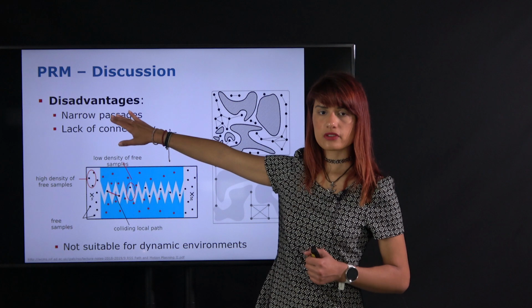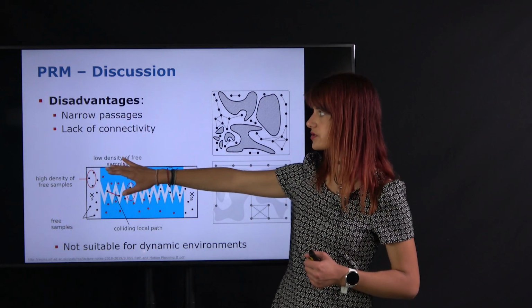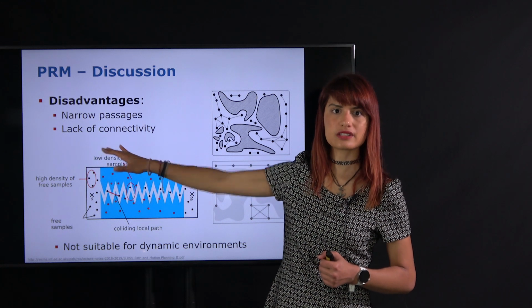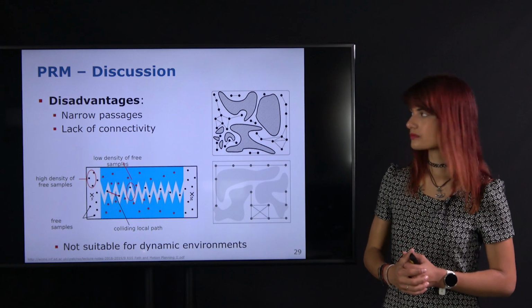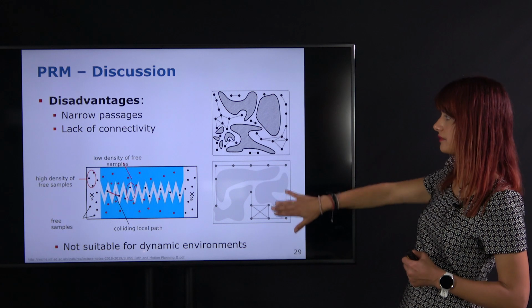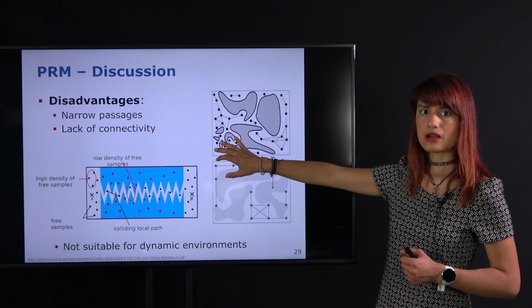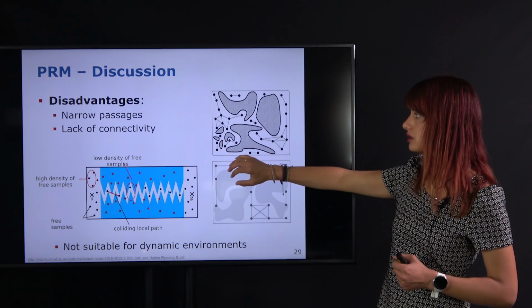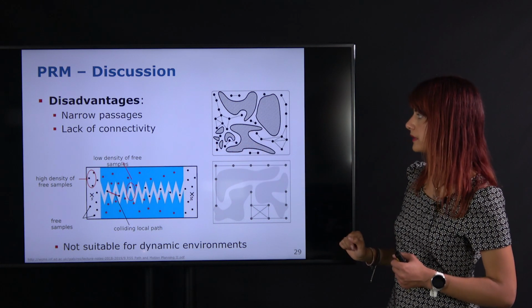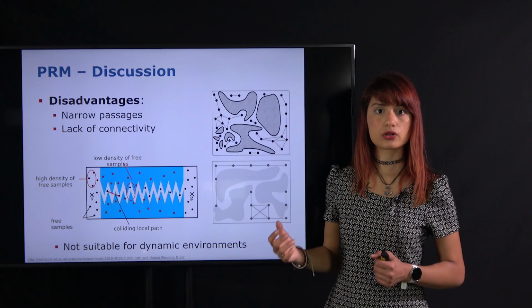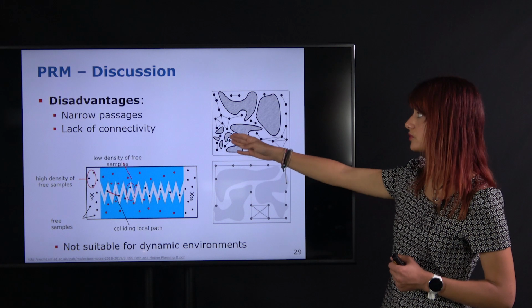As a consequence of the narrow passages problem, we also find commonly a lack of connectivity between different graphs in the environment. And so this is what these pictures are showing actually, where we did find some free space samples and collision-free edges between them in these environments, but we didn't sample enough or densely enough in order to connect them to each other.